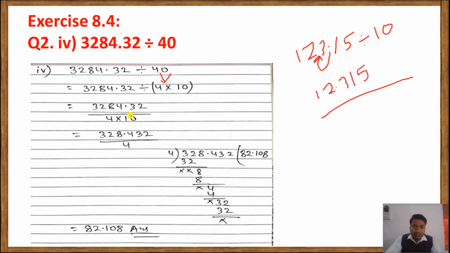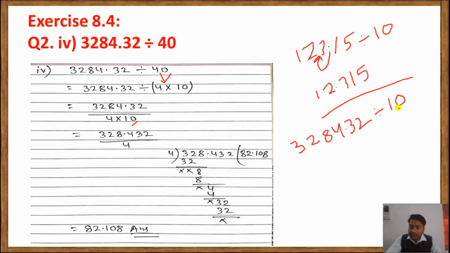First let me divide this decimal number by 10, and you see on the screen. So here we have 3284.32, and this we have to divide by 10.